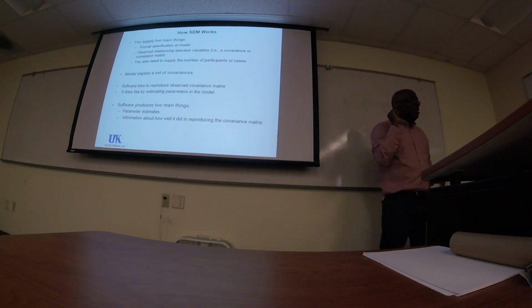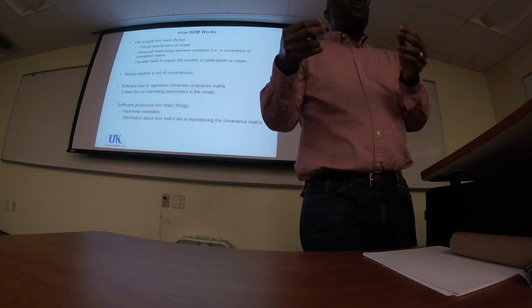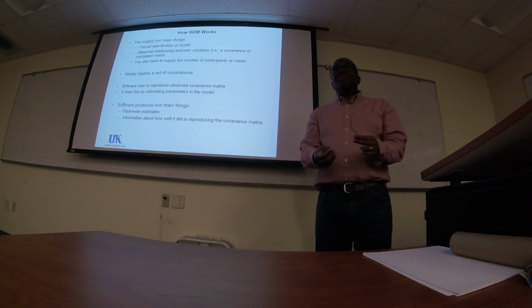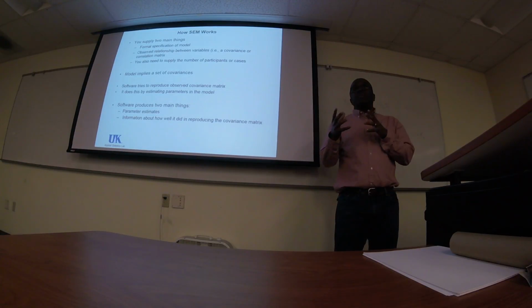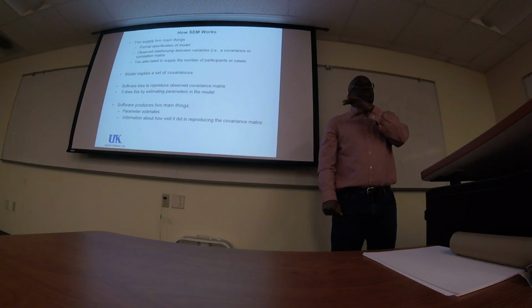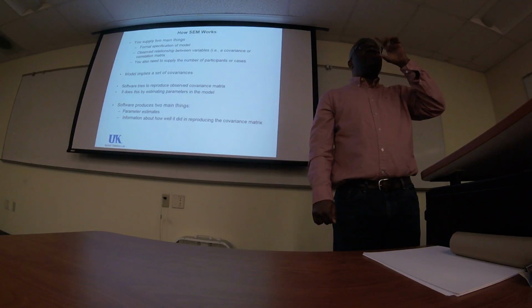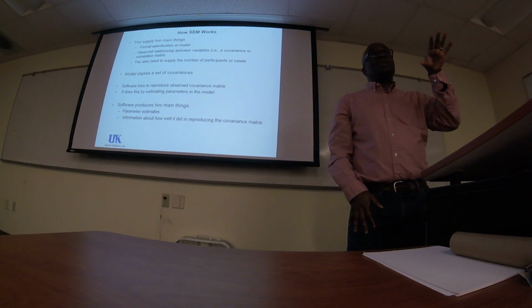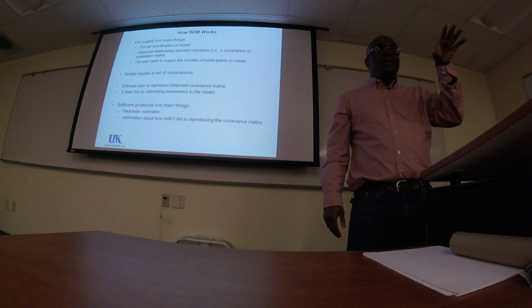That has a lot of implications because, as I mentioned many times, we're working with a matrix of correlation. Relationship can be both ways. That means even if you get a good fit of your model, it can still be the case that alternative models also fit well.